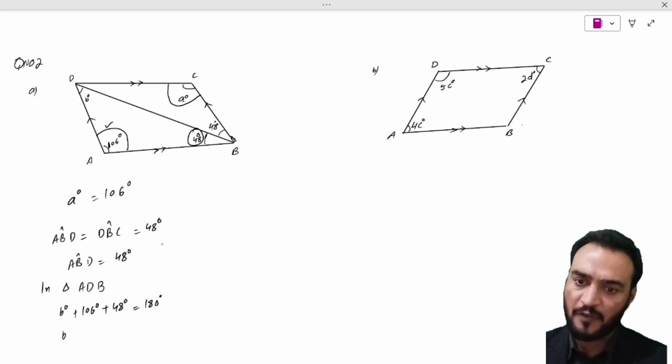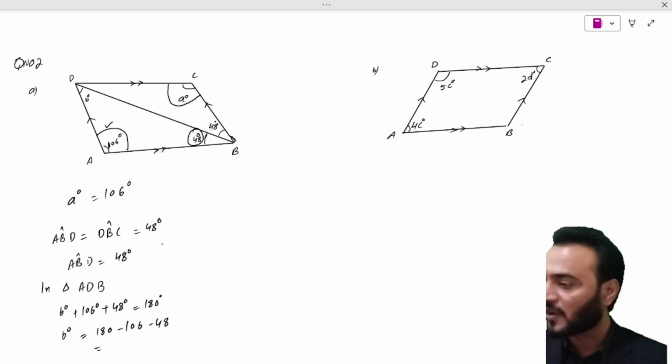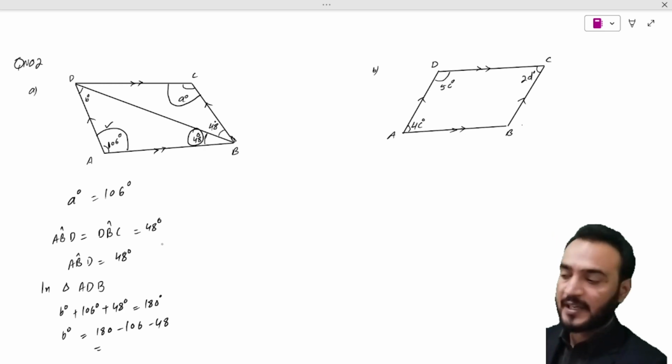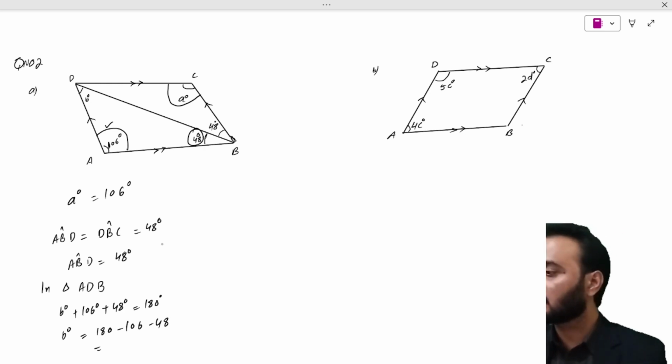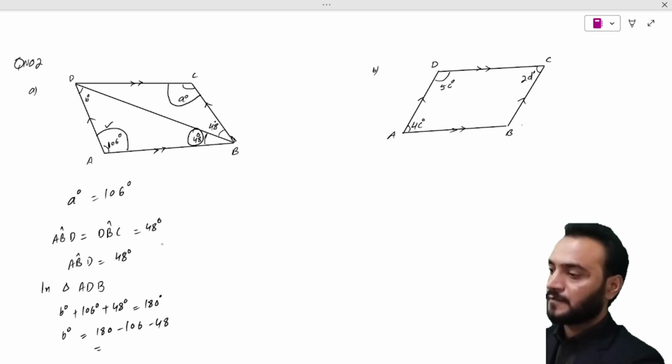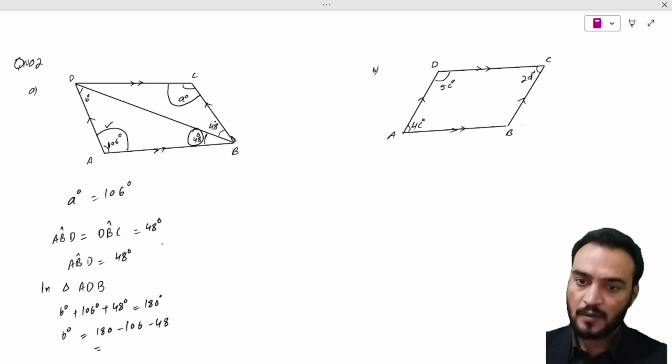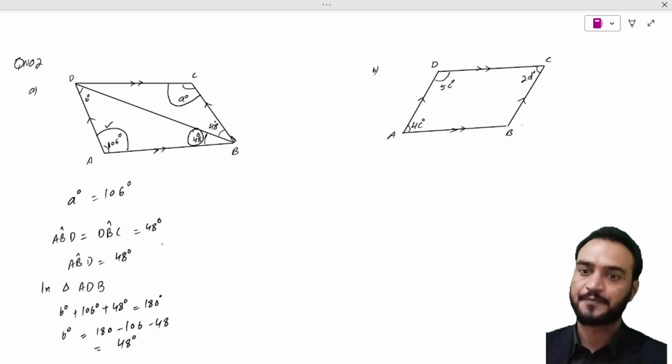So we get the value of B degree, that is 180 minus 106 minus 48. Subtracting these two angles from 180, we get the value of B degree, which is equal to 48 degrees.